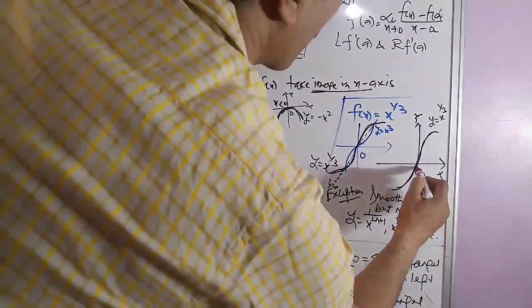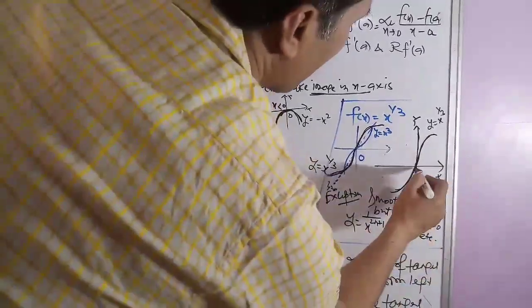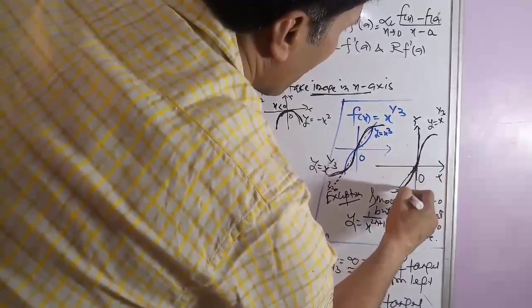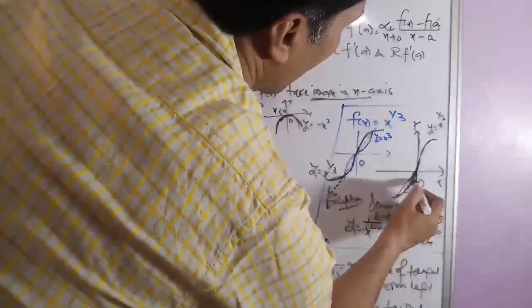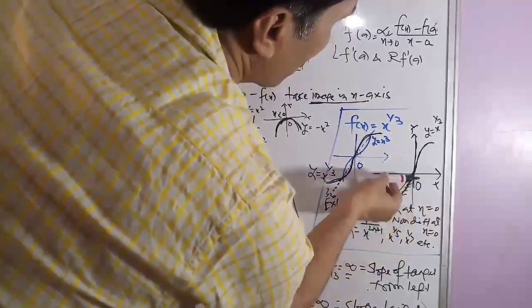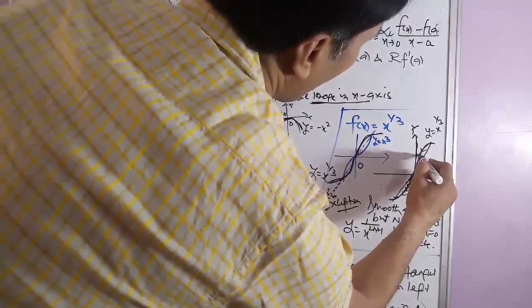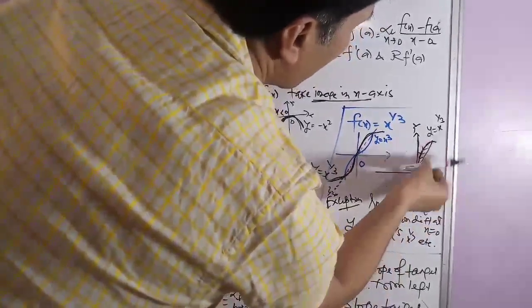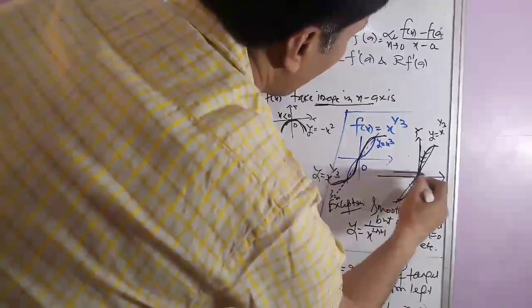Here is the tangent from left, this line, and the tangent from right, this line. Tangent from left, we start in this way. Finally this chord coincides with this. If we start in this way along the curve, the chord coincides with this line, the x-axis, that is the unique tangent.